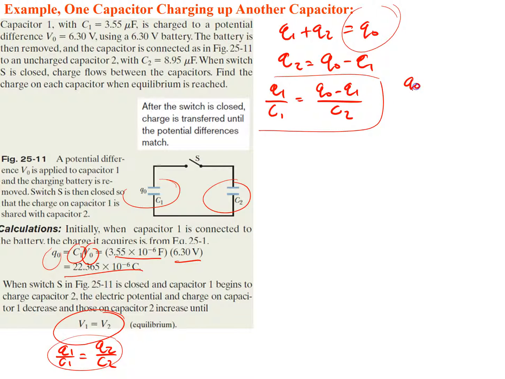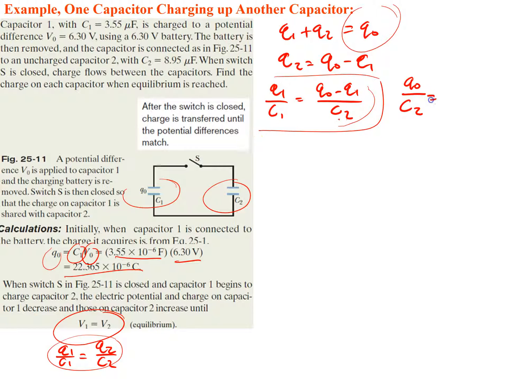Q0 over C2 minus Q1 over C2: I kept the Q0 over C2 there, and I moved Q1 over C2 to the other side.